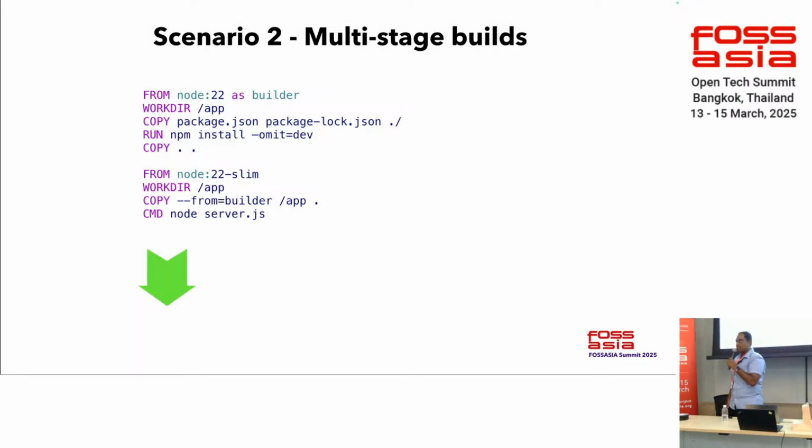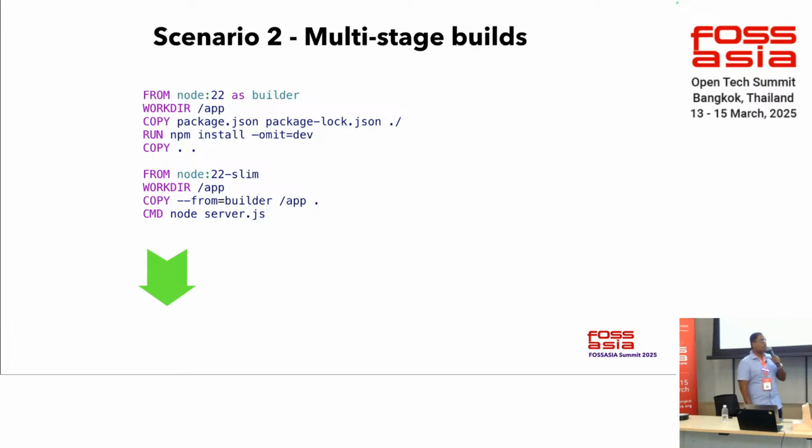So let's look at this concept called multi-stage builds. Multi-stage builds make use of the idea that you can split or compartmentalize your Dockerfile into two, a build stage and a runtime stage. It's not necessary that everything in the build stage be there in the runtime stage, right? So we exploit this aspect to reduce Docker images.